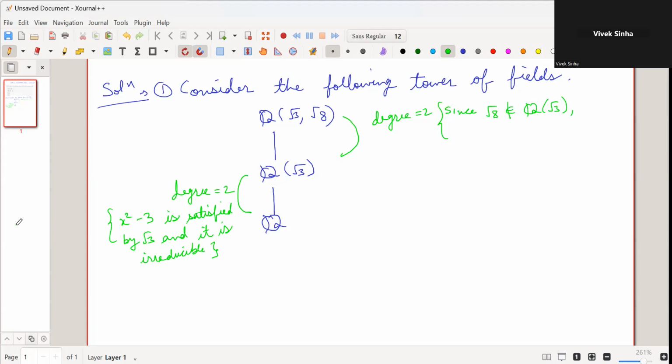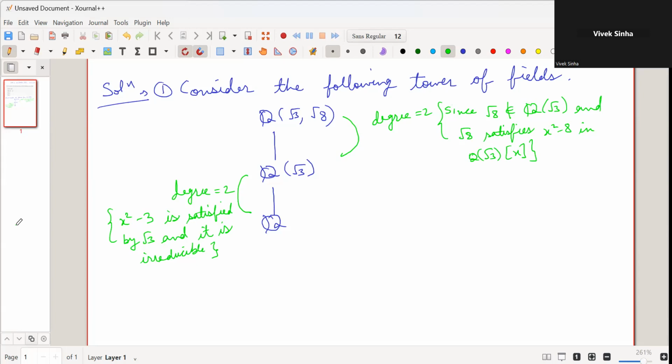Root 8 satisfies x square minus 8 in Q root 3 x. So it satisfies this polynomial, so definitely the degree has to be less than or equal to 2, but it is not inside this field. That means its degree has to be greater than or equal to 2. So both combined give us degree 2.